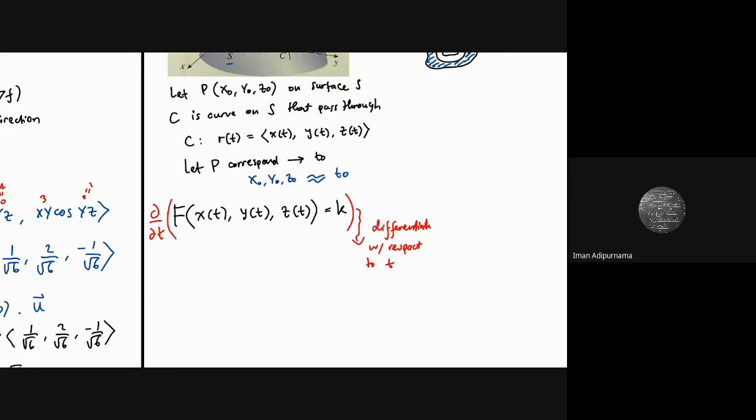Then we will get, this will be dou f dou x, and then dx dt, okay, and then plus the y and z terms, is equal to 0.